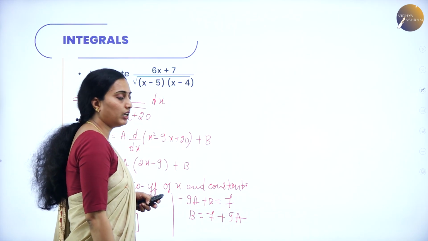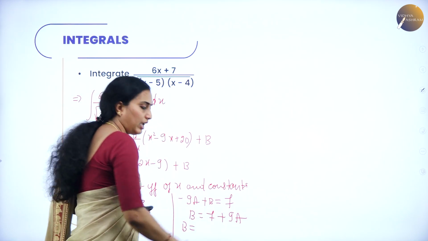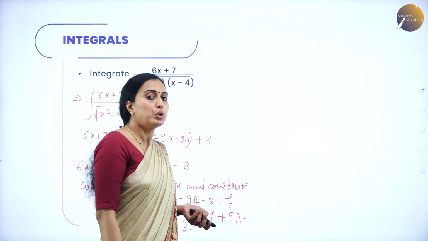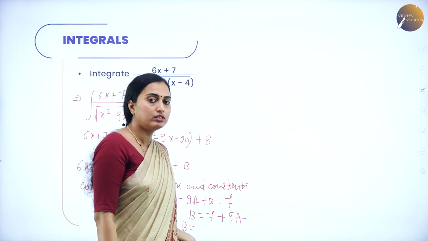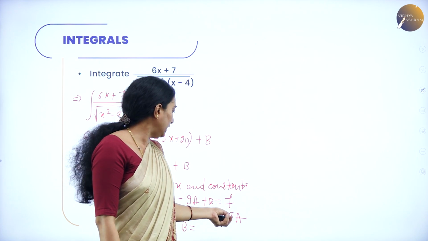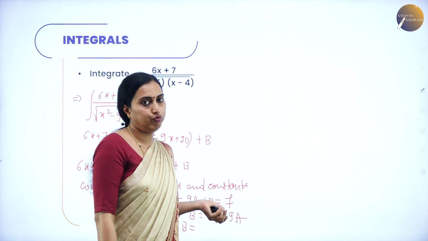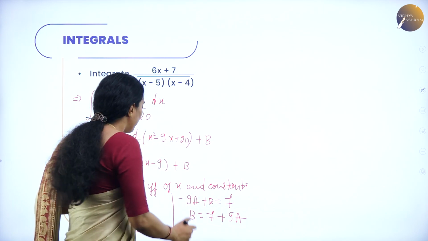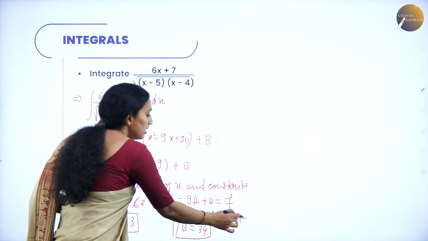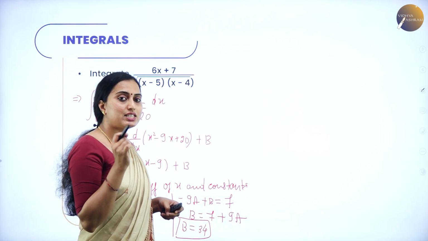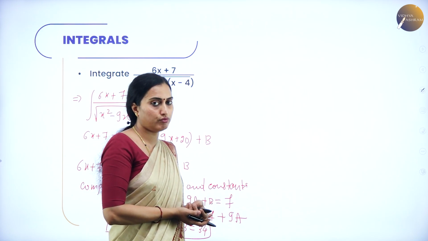Now substituting, b will be equal to 7 plus 9 3s are 27, because a is 3. So 27 plus 7 gives you 34, isn't it? Therefore b will be equal to 34. I hope you understood this one.